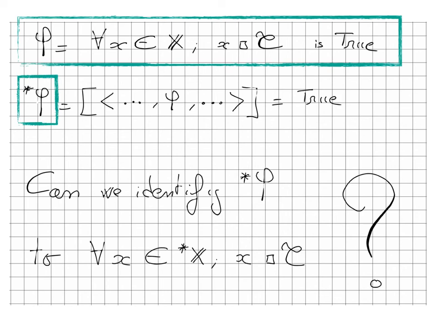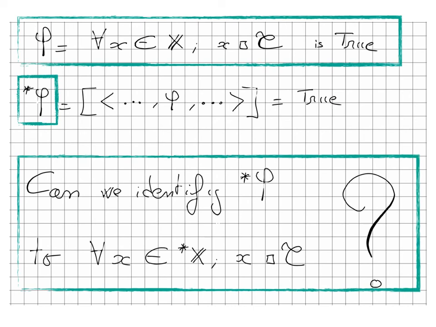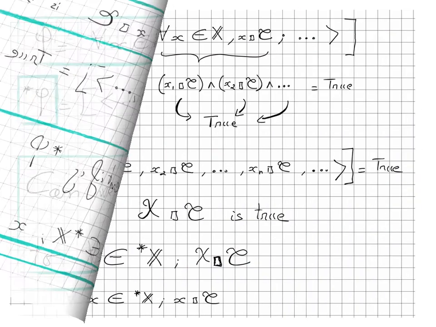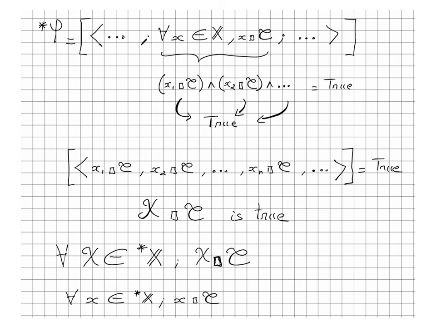The question which is now left is, can I be sure that this object *φ indeed identifies to the sentence which is here? So let me one more time write *φ, where each element in the sequence is the statement φ itself.